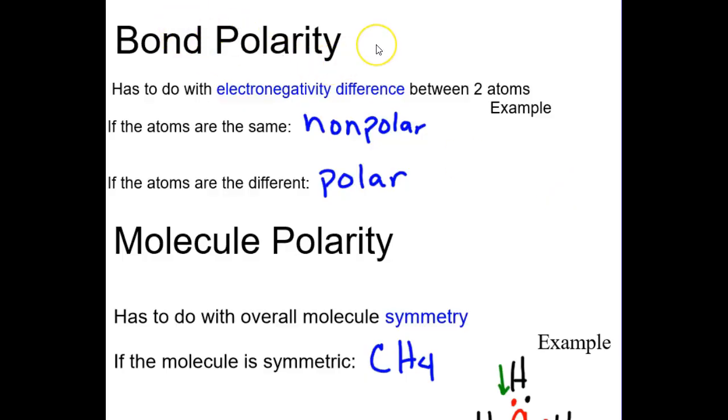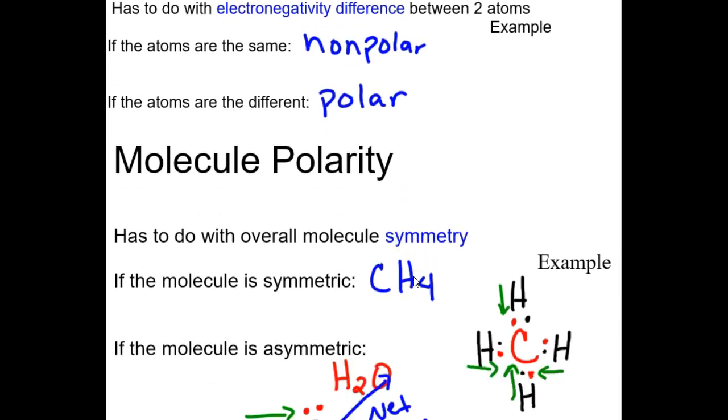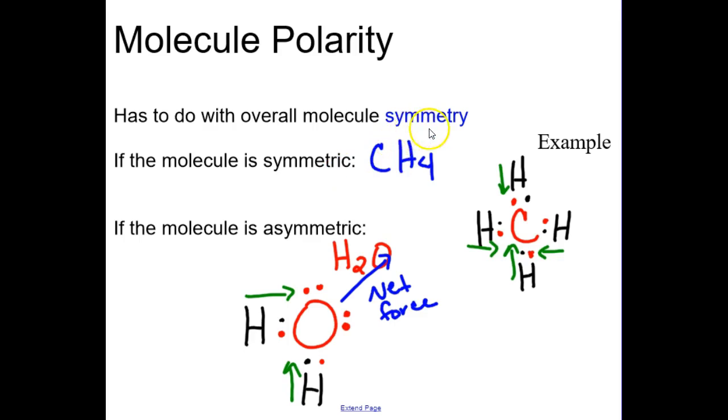Now, bond polarity can tell us the polarity between 2 atoms, but when we make molecules, we need to look at the overall shape of the molecule in order to determine the molecular polarity. When a molecule is symmetrical in shape, it is going to be considered nonpolar.